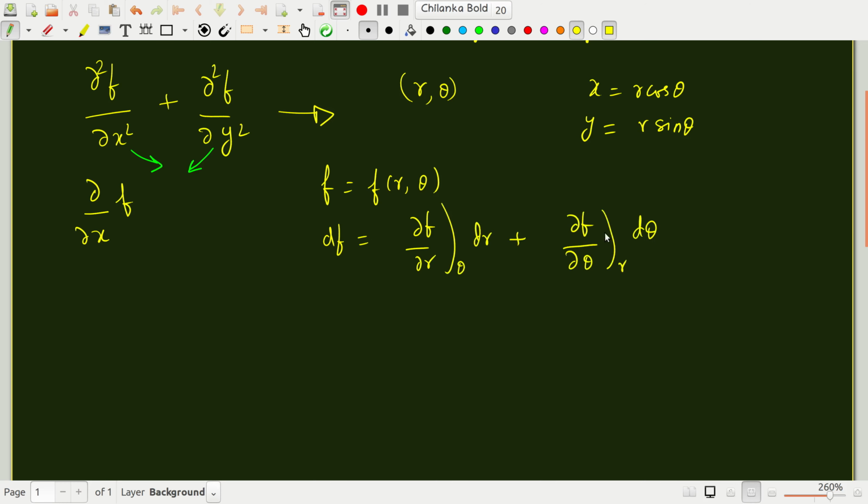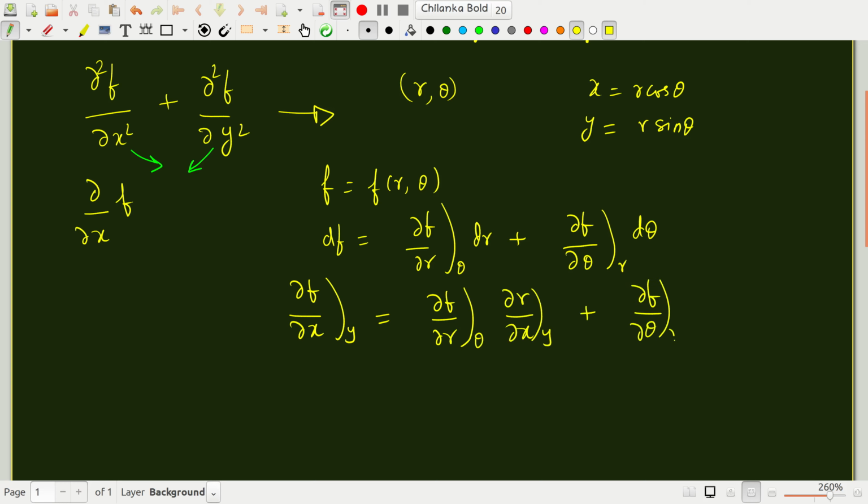d theta. Now I am going to write df by dx, which is obviously at constant y, is partial f by partial r times partial r partial x at constant y plus partial f partial theta at constant r times partial theta partial x at constant y, right? This is what we have to do.